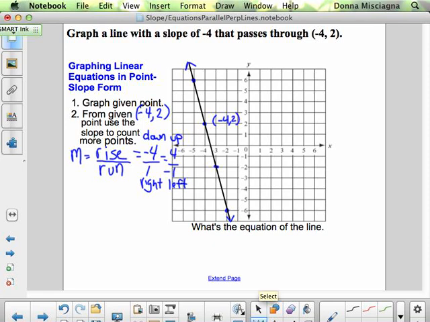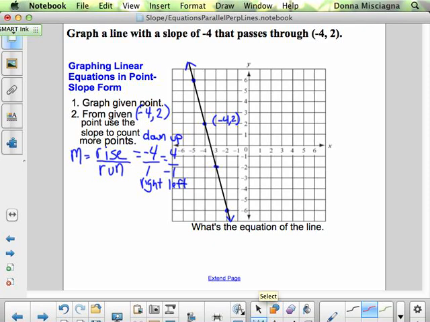And if we wanted to write the equation by looking at the graph in slope-intercept form, we would have some trouble because you see the graph is not crossing the y-axis. It will eventually cross the y-axis, it just doesn't do it in the part of the graph we can see. So to write the equation of the line, we're going to use point-slope form.